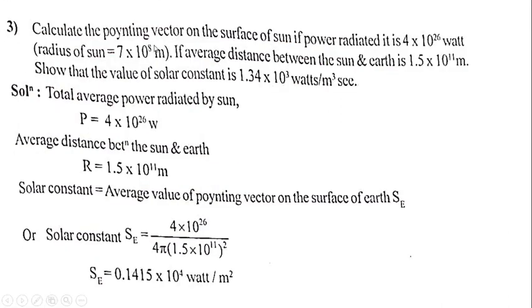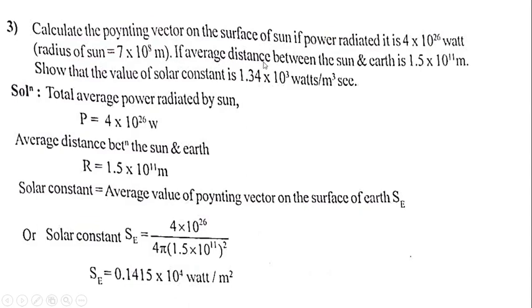Another example, that is calculate the Poynting vector on the surface of sun. If power radiated is 4 into 10 raised to 26 watt and radius of sun is equal to 7 into 10 raised to 8 meter.